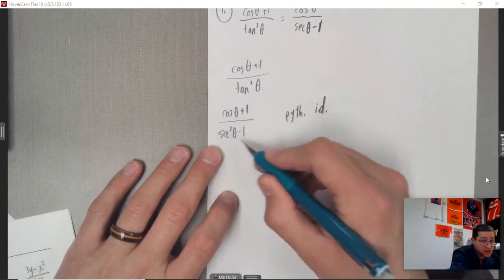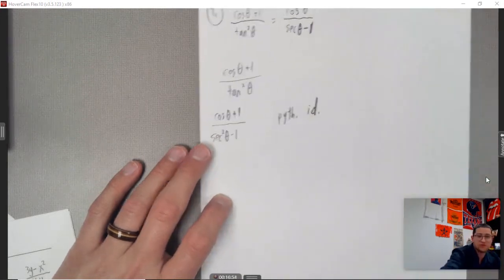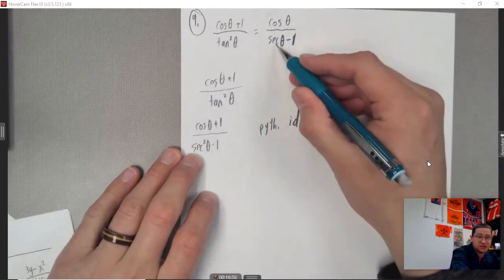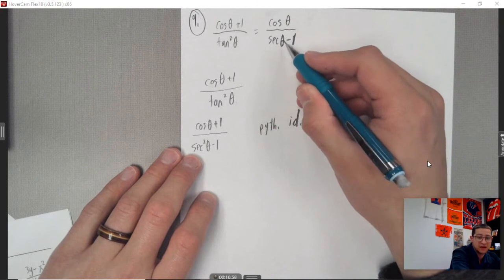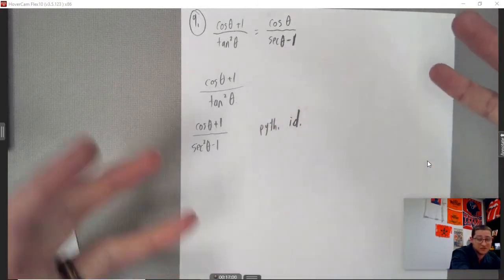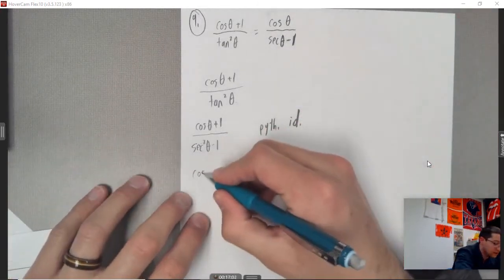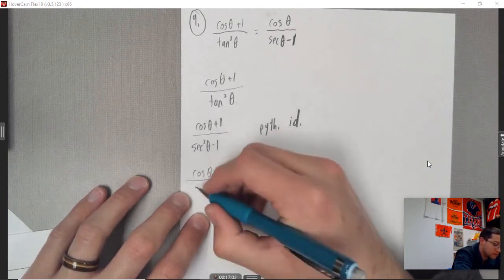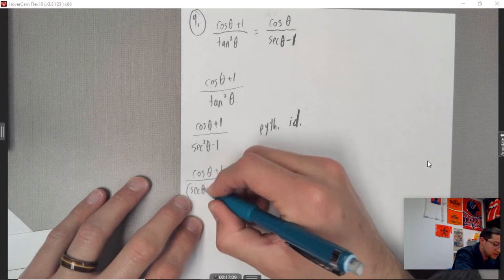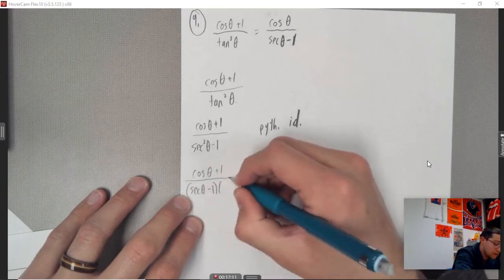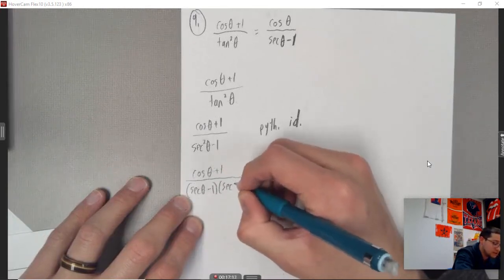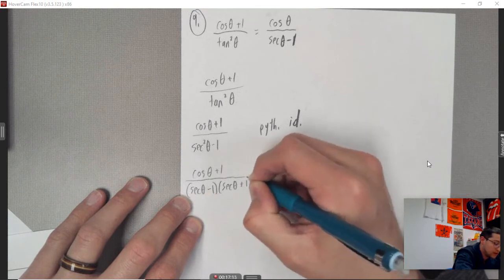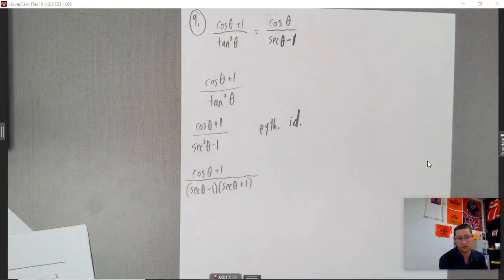Now, here's the advantage to factoring, here's why I know to factor: if I factor, I can actually get this secant theta minus 1, I can introduce that. So let's rewrite it and factor here. Cosine of theta plus 1, and then over here I can do secant theta minus 1 times secant theta plus 1. That is the perfect square, that's the perfect square on that.